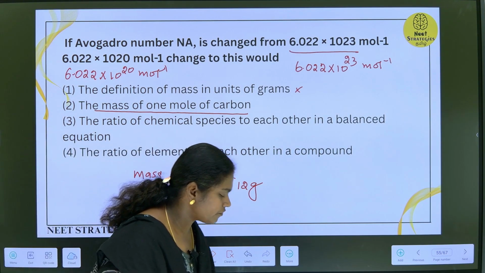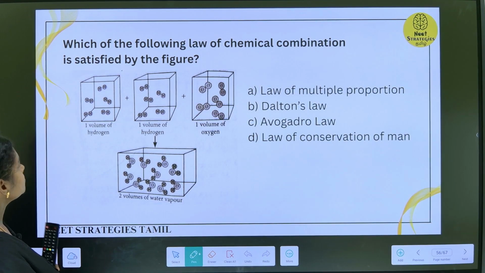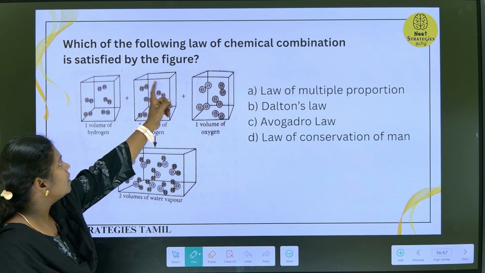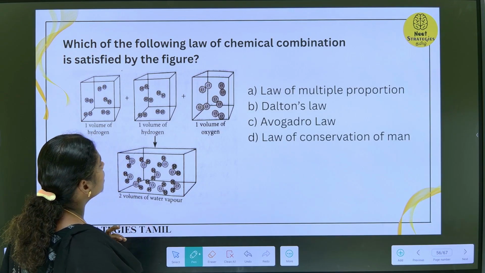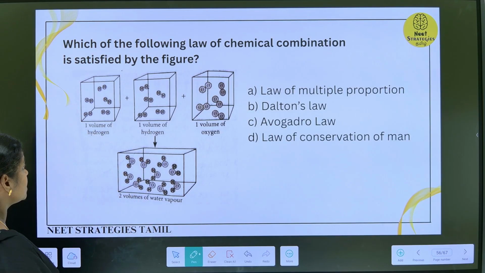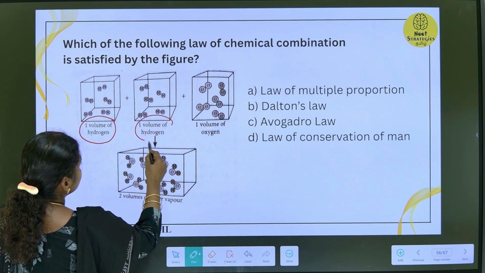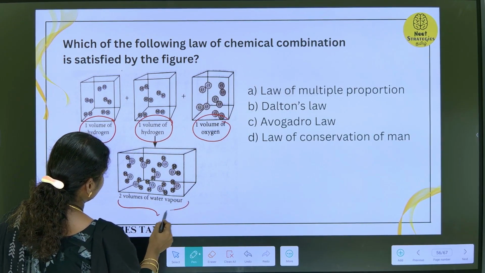Slide number 55. Yes, next one, look: which of the following law of chemical combination is satisfied by the figure? Okay, so what have they given here? 1 volume of hydrogen, 1 volume of oxygen to produce 2 volume of water vapor.